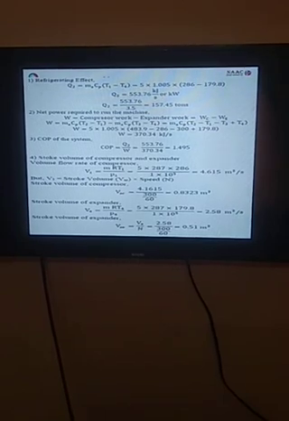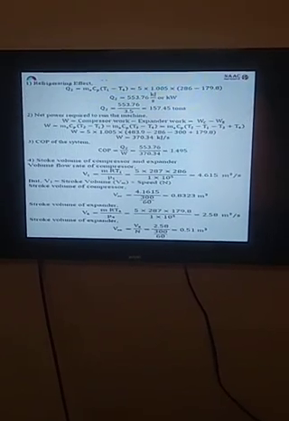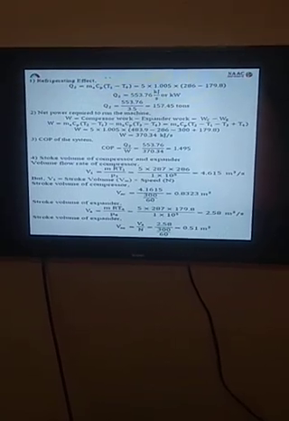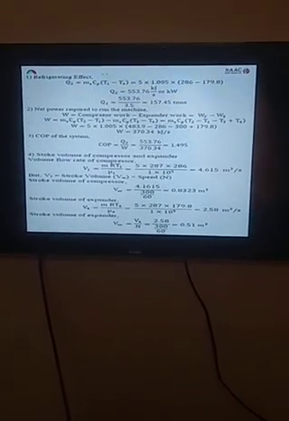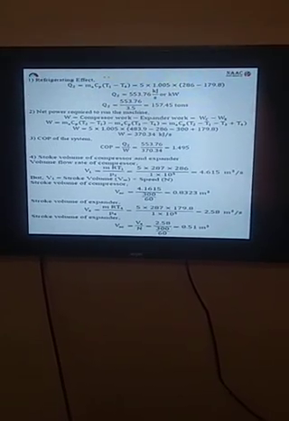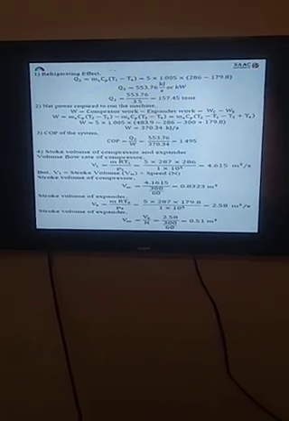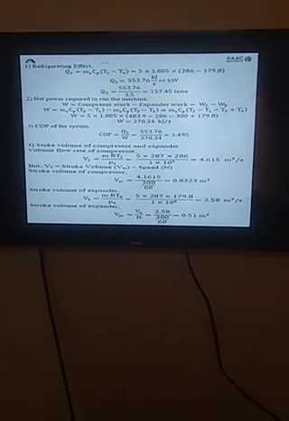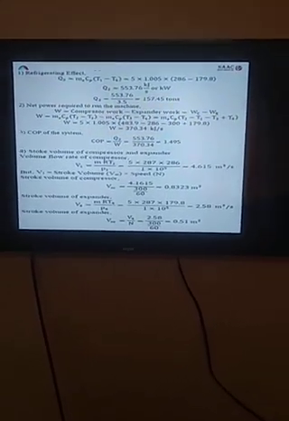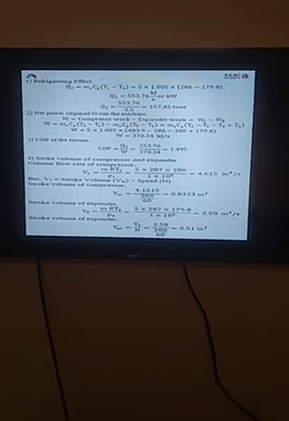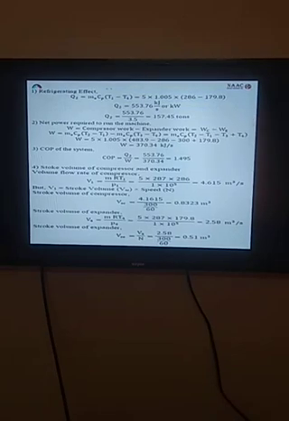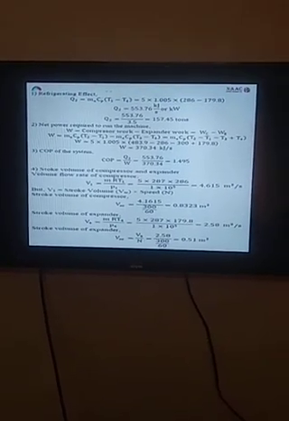The stroke volume for expander is calculated by the same procedure. Only the point which we have to consider is point number 4 on the PV diagram. So the stroke volume of the expander is calculated as V4 is equal to M into R into T4 divided by P4. If we substitute M as 5, R as 287 and T4 as 179.8, which we already calculated, divided by P4 which is 1 bar, so 1 into 10 raised to 5 Newton per meter square, after substituting we get V4 as 2.58 meter cube per second.